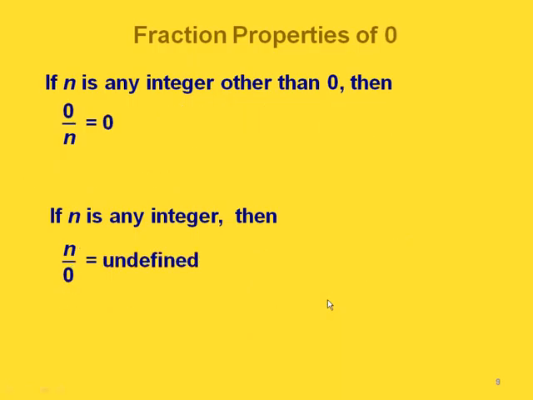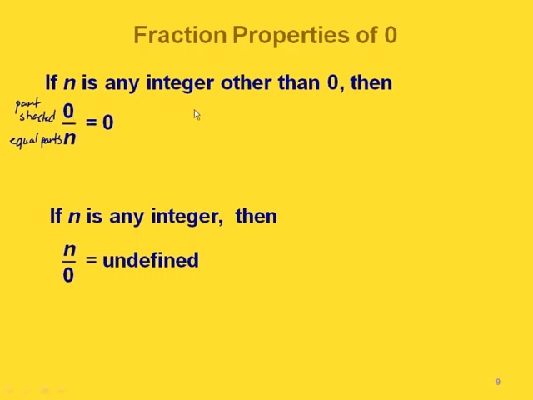Now some fraction properties for 0. If we have 0 as our numerator and n as our denominator, then the value of this will just be 0. And again, if you think of a picture, the numerator is the part of the picture that's shaded, the denominator is the number of equal parts, so this would mean that we would have no parts shaded at all.